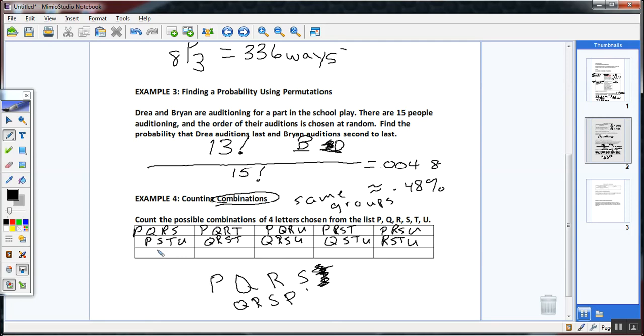Do I have P, Q, T, U? P, Q, T, U would be one. What about P, R, S, Q? I have that already, P, Q, R, S. But I already have that grouped.